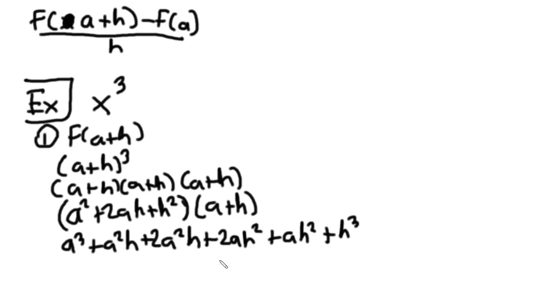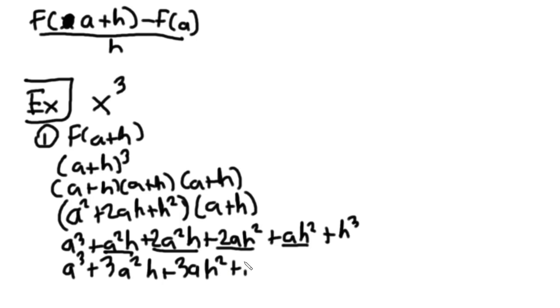With this, we have some like terms that I can combine. I have an a squared h here and an a squared h here, and a 2ah squared there and an ah squared there. So this is a cubed plus 3a squared h plus 3ah squared plus h cubed. Now that that's simplified all the way, let's go on to step 2.